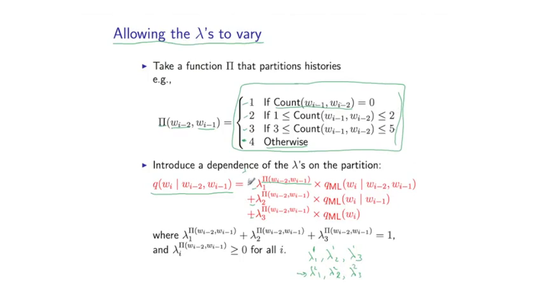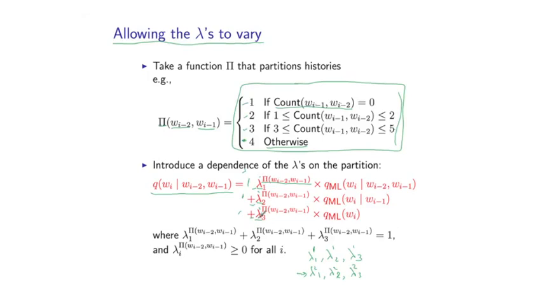So notice that these lambdas now vary depending on which partition the bigram falls into. Now, what's the motivation for this step? It basically means that these lambdas can vary depending on the partition which the bigram falls into, and hence they can vary depending on the count of the underlying bigram. And this is actually important in practice.